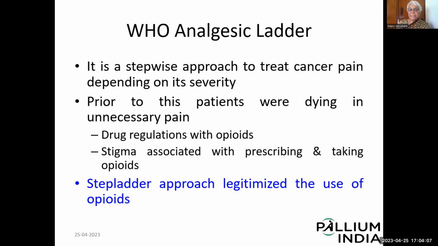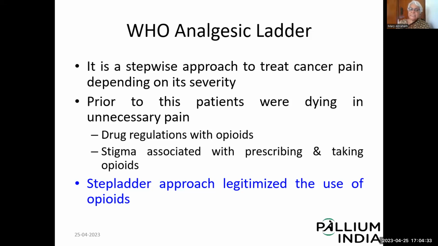Prior to the ladder, people were dying of unnecessary pain for two reasons. First of all, there was a lot of drug regulation associated with the use of opioids. It was very difficult not only to prescribe it, but also to store it and manufacture it, and for people to get access to it because of all these drug regulations.